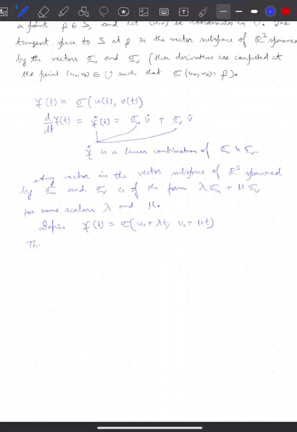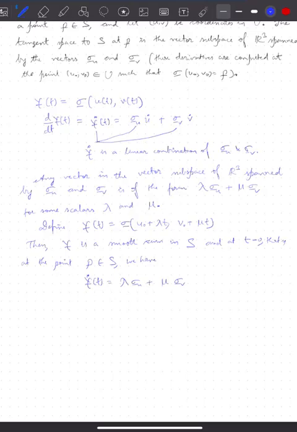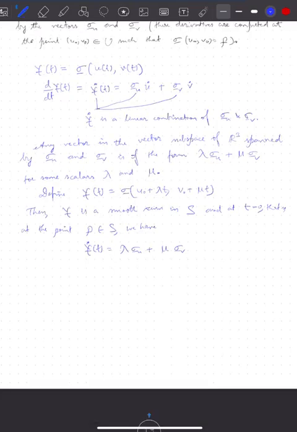Then we can clearly say that gamma vector is a smooth curve in S, and at t equal to 0, that is at the point p vector, an element of S, we have gamma dot at t equal to 0 being lambda sigma u plus mu sigma v.